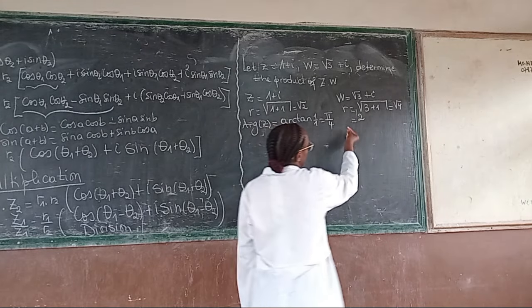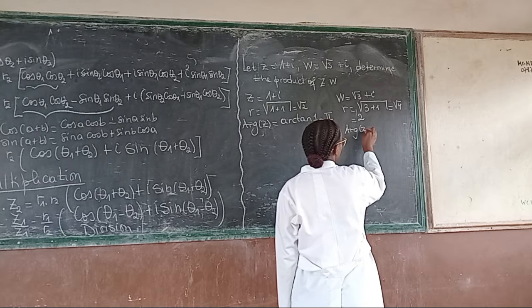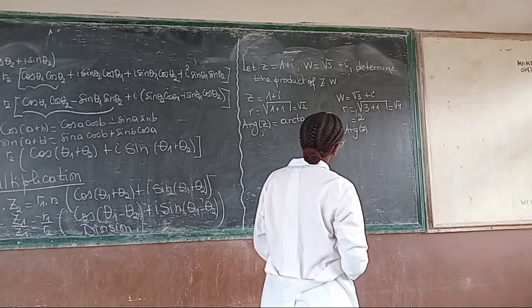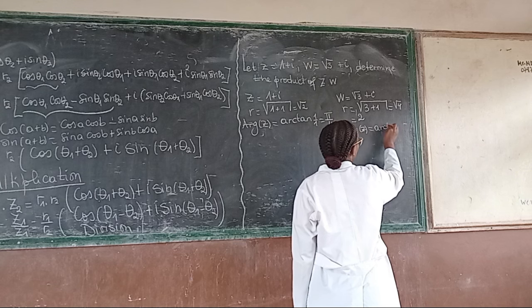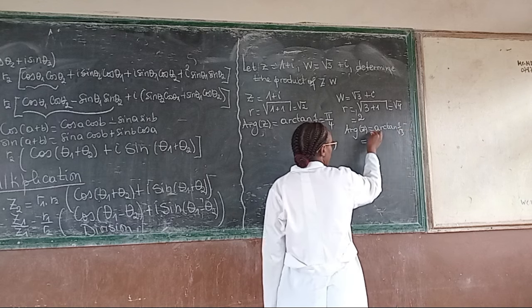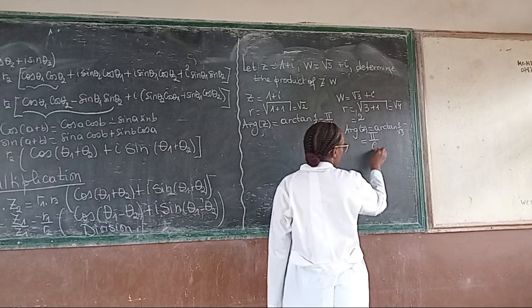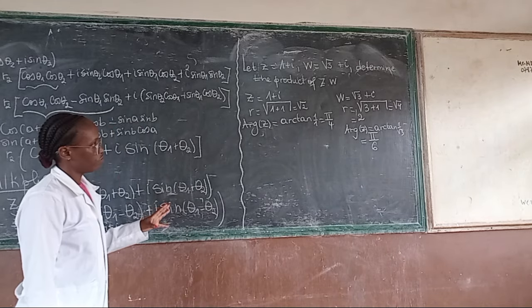So the argument of w, it is also located in the first quadrant. It is arctan of 1 over square root of 3, which will give us pi over 6. So we get the modulus, and we get the argument.